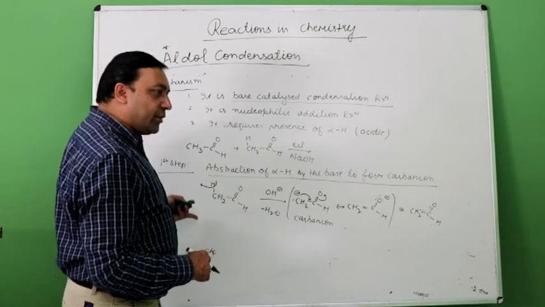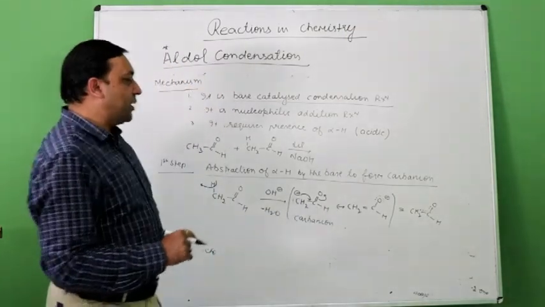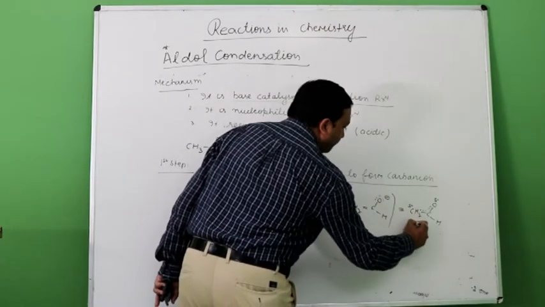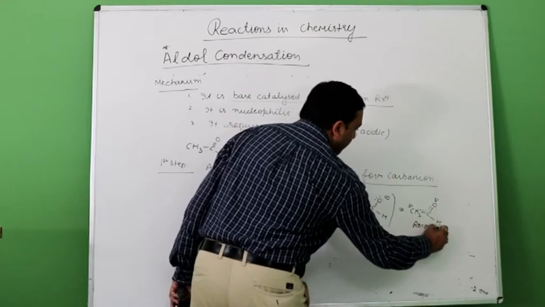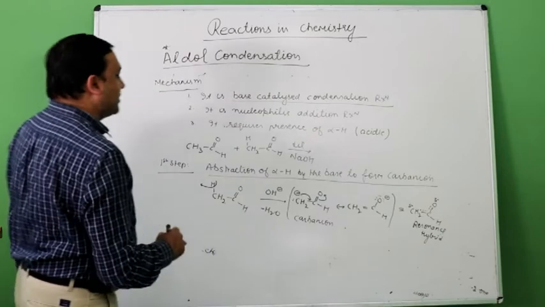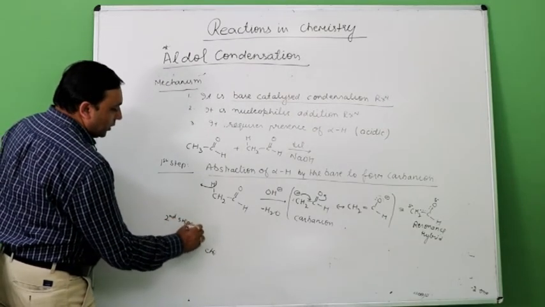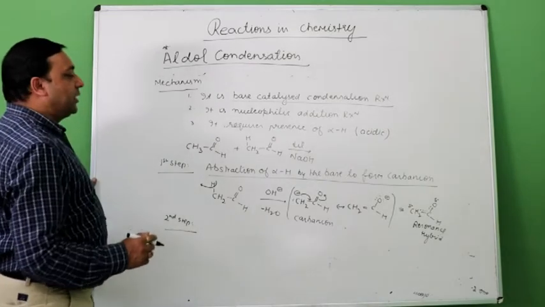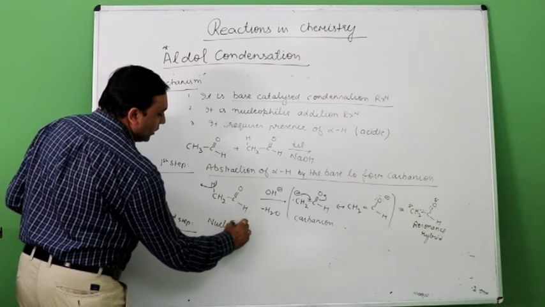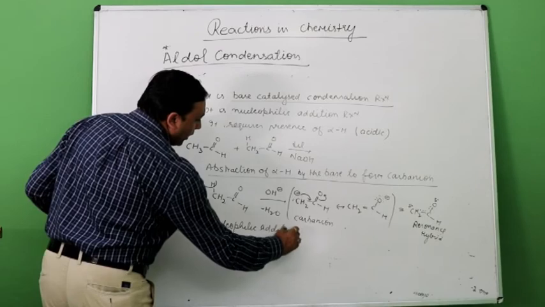Once this is formed, there occurs dehydration on heating, removing the hydroxyl to form the alpha, beta double bond. So the dehydrated product is the alpha beta unsaturated carbonyl compound, which is my crotonaldehyde.